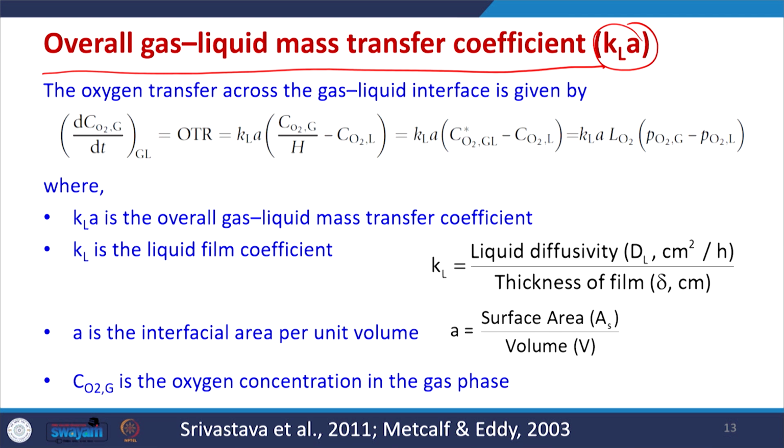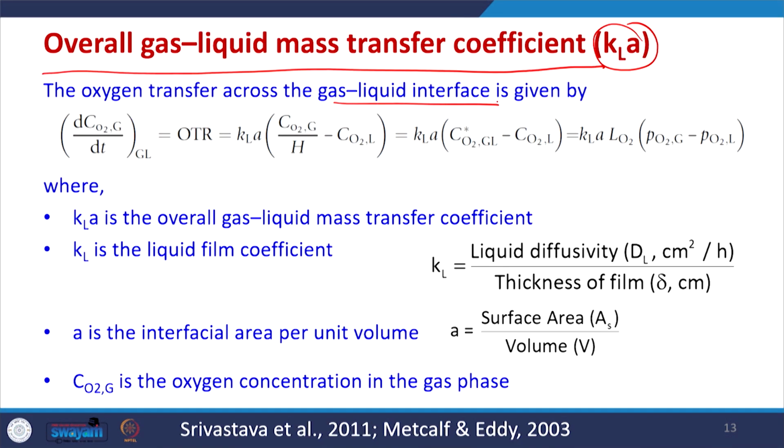The oxygen transfer across the gas liquid interface can be given by this equation. The rate of transfer of oxygen at the gas liquid interface, which is also called OTR, is dependent upon the concentration difference between the gas phase and the liquid phase. So, we try to determine the concentration at the interface.